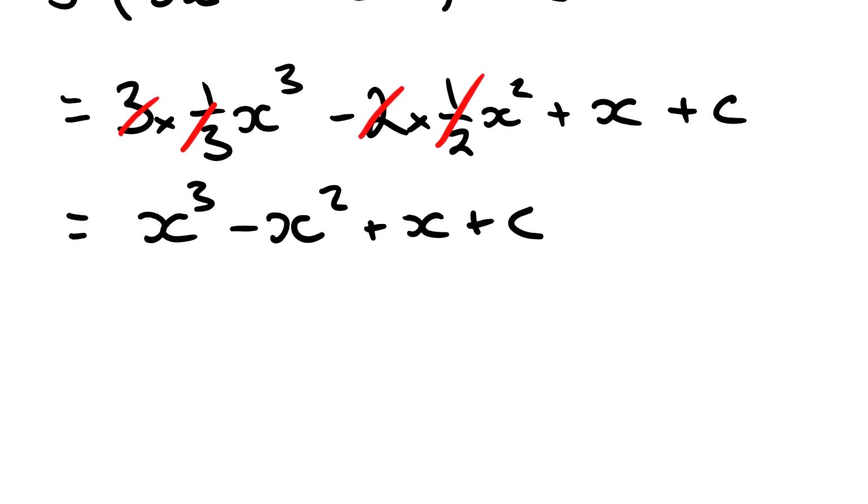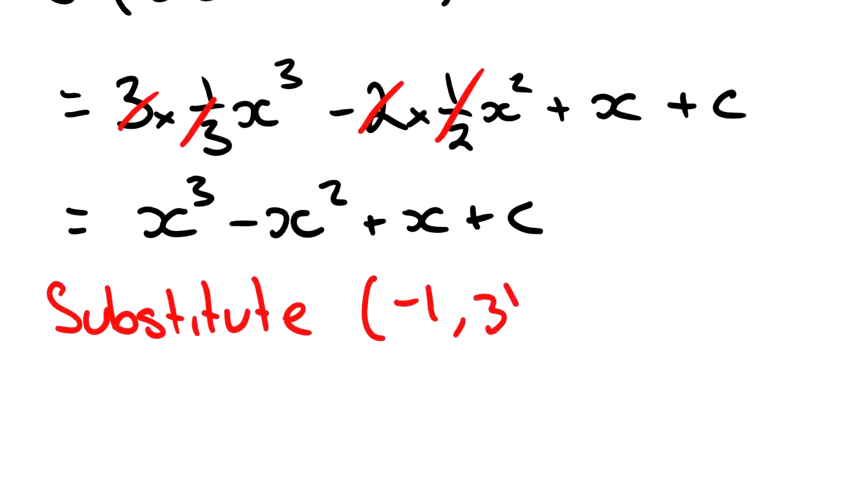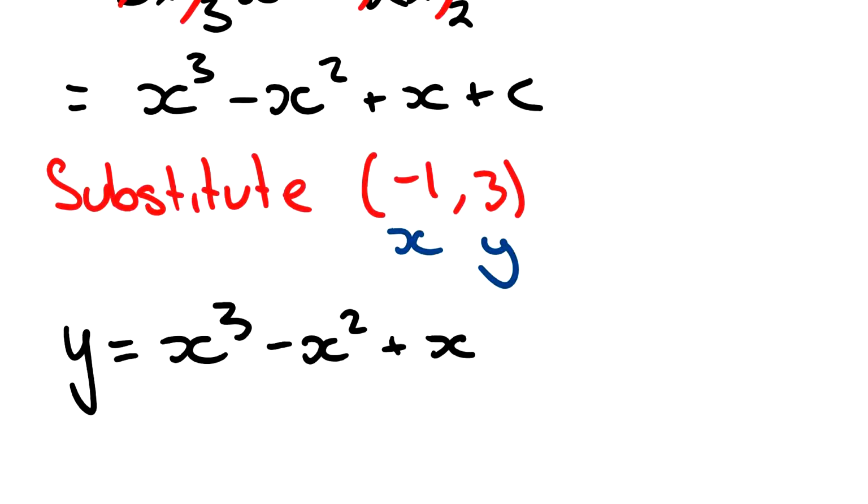So at this point, we now need to substitute our point in. So we need to substitute -1, 3 in. Now remember, this is your x value, this is your y value. So what we get is y equals x cubed minus x squared plus x plus c.